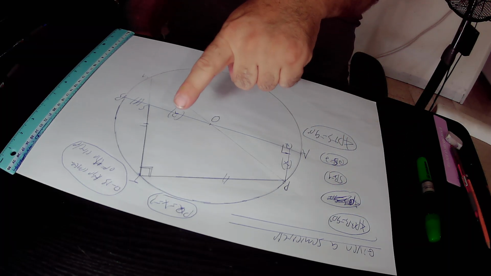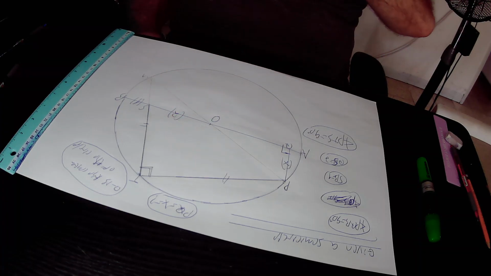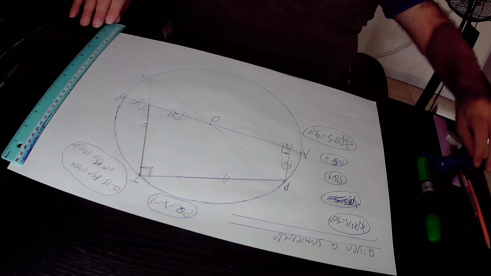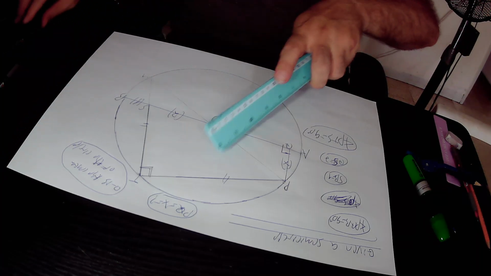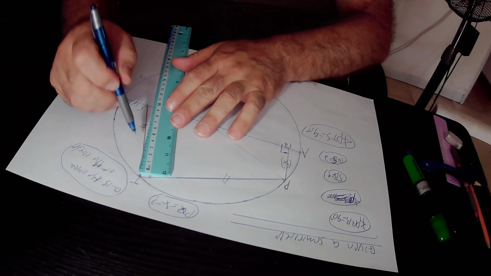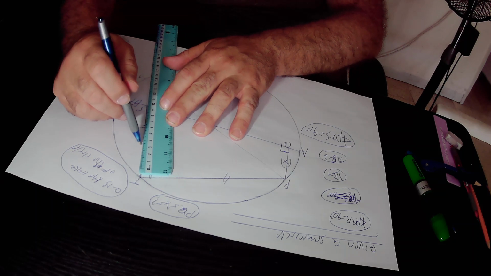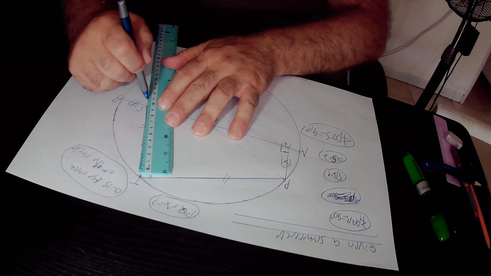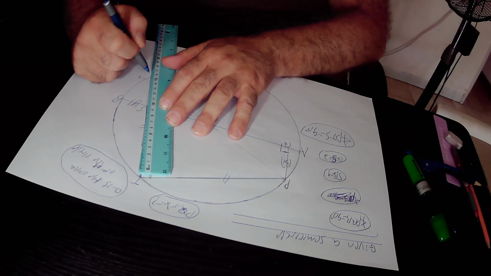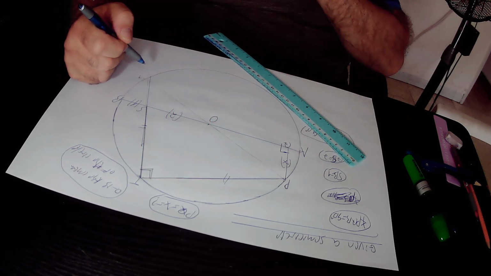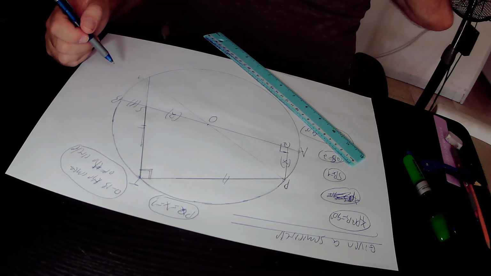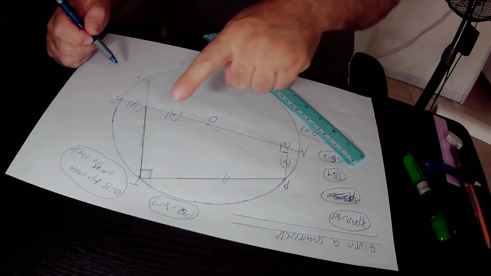And we will extend line segment TS until it touches the circle. We define the touching point of the extended line segment TS with the circle.